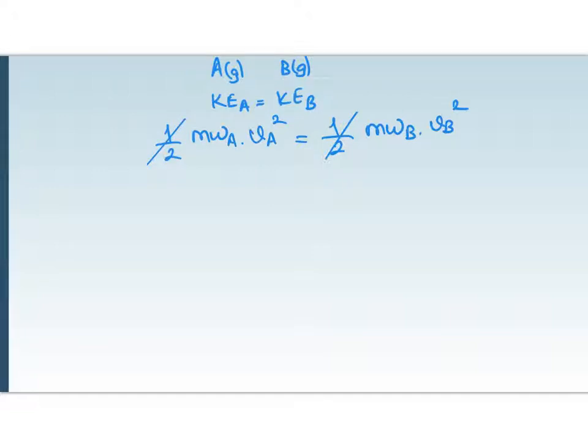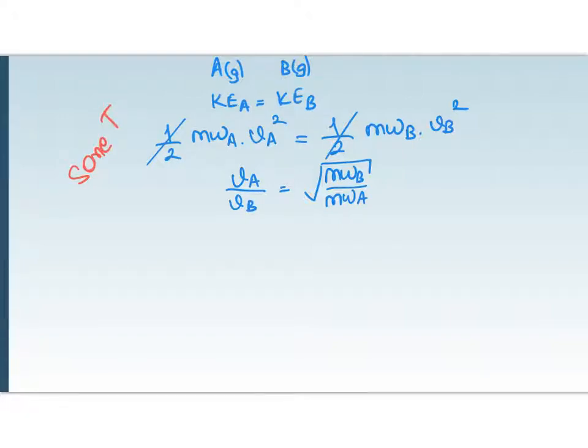Simplify them. So when you leave those velocities alone here, you're going to find a formula like this. So this means that as your gas gets heavier and heavier, it is going to move slower and slower. But this is true when they are at the same temperature.